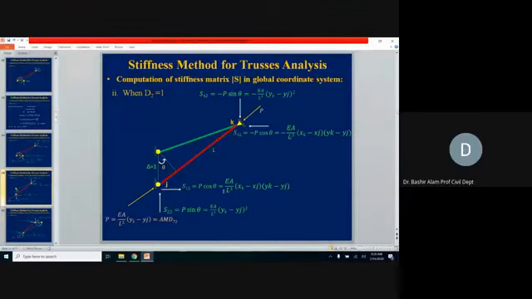Again, you can see at the near end where displacements are given, this is with a positive value, this one is also with a positive value, and at the far end, those are with negative values. So this is how we find out the member force as well as the member end actions, which are the elements of the stiffness coefficient matrix.